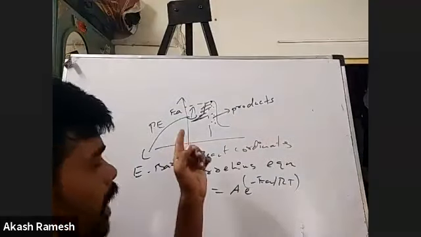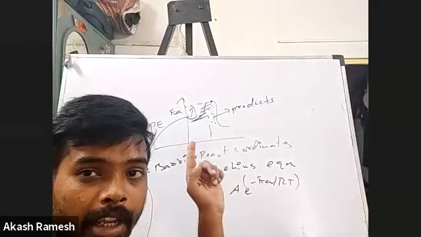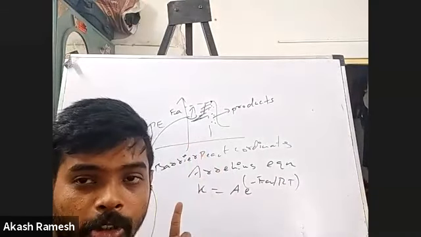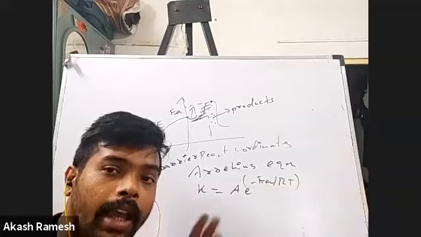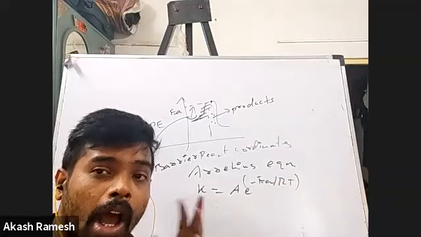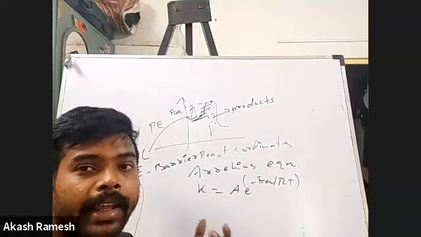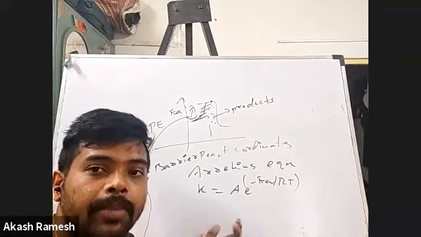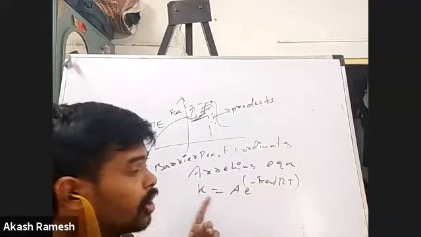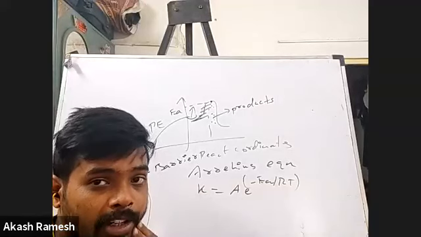So that also can be found out, whether it's an elementary chemical reaction or a complex reaction. And one more thing, if it is a complex reaction, how many steps it takes for completion, that also can be found out from the energy profile diagram.